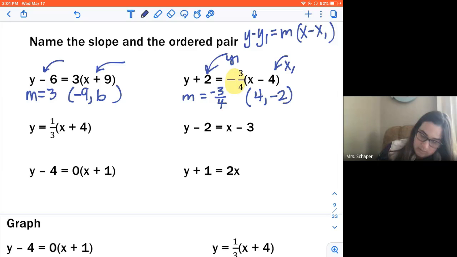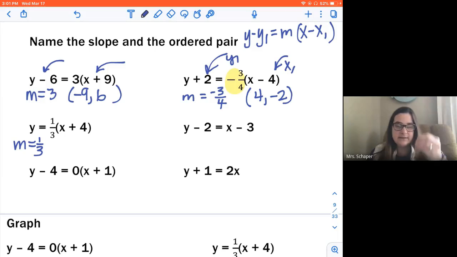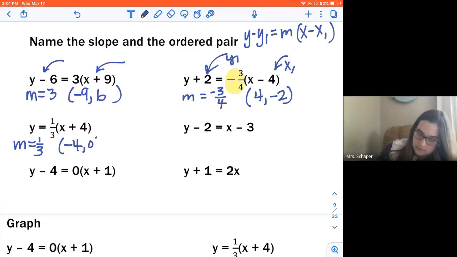Looking at the next one, my slope is 1/3. That's the number prior to the grouping symbol. And my ordered pair is going to be -4, 0. Here's my x sub 1, and I take the sign opposite that, and then it's 0, so -4, 0.